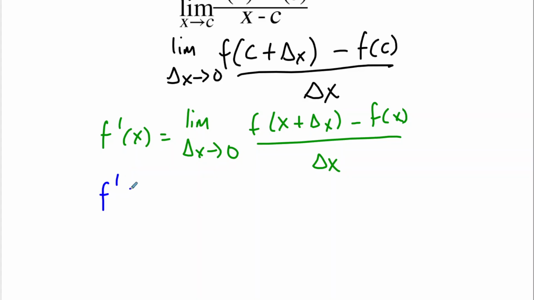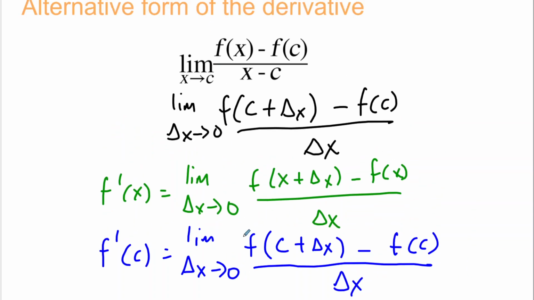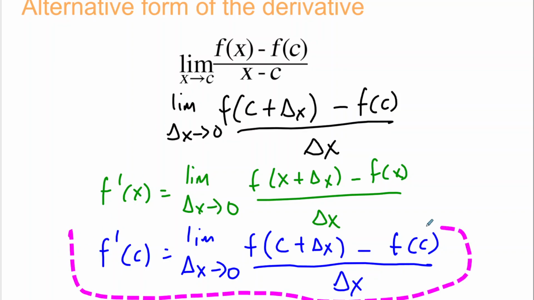That's just going to be the limit as delta x approaches 0 of f of c plus delta x minus f of c, all over delta x, because c is replacing our x here. So another way of writing this, and I'm not going to get into the whole derivation, is this. This is the same as this.